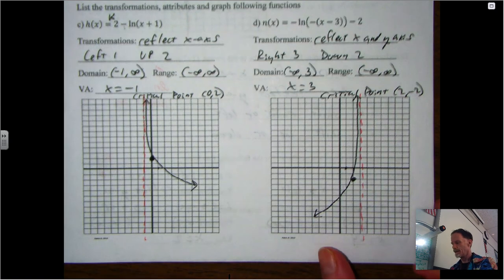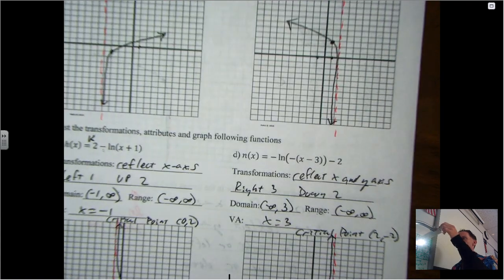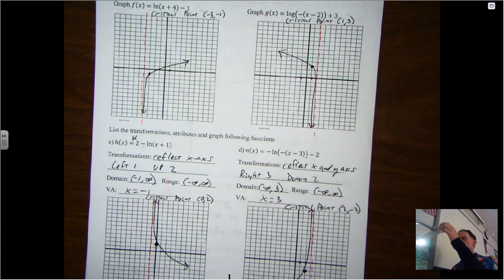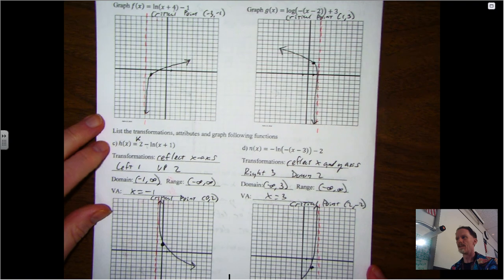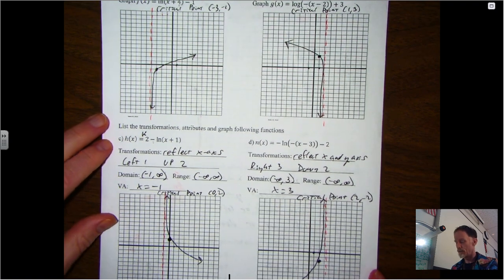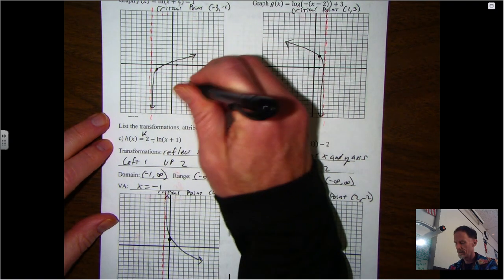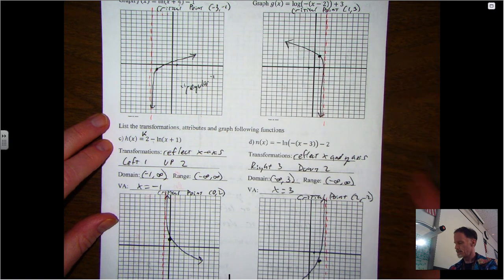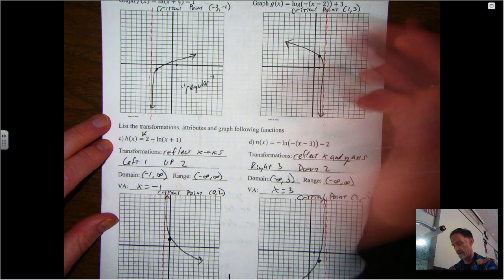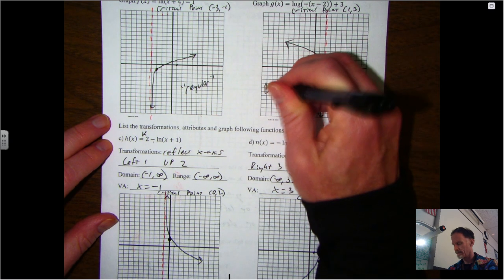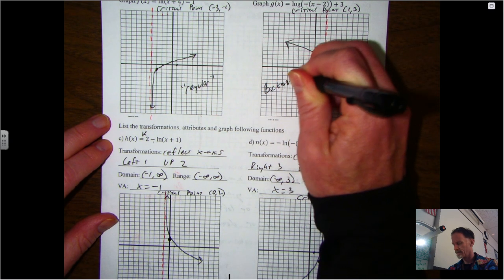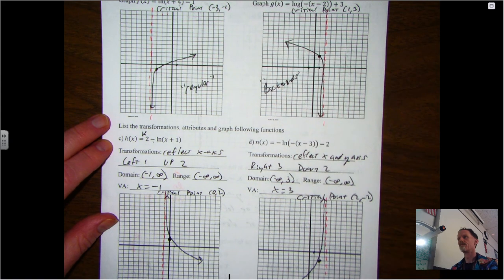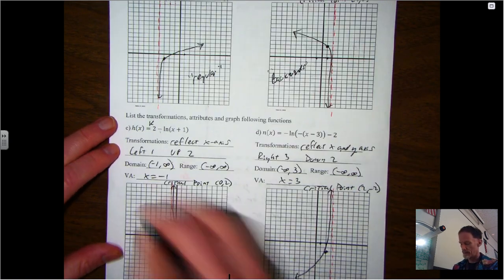Okay, so let me finish this up. Let me kind of zoom out a little bit so you can see all 4 graphs at once, because that's really the only 4 combinations. So this is like regular. This is backwards, reflecting across the y-axis. This is upside down.